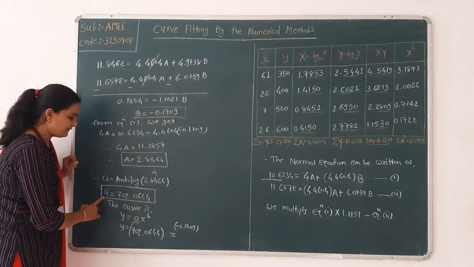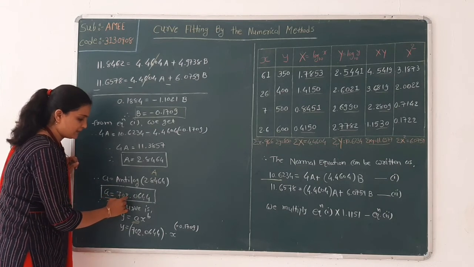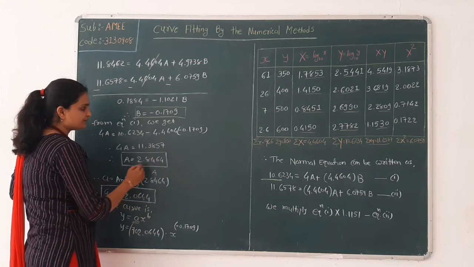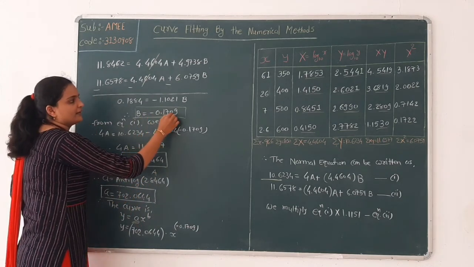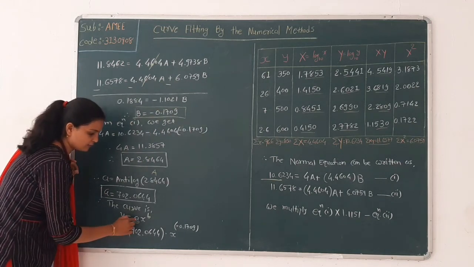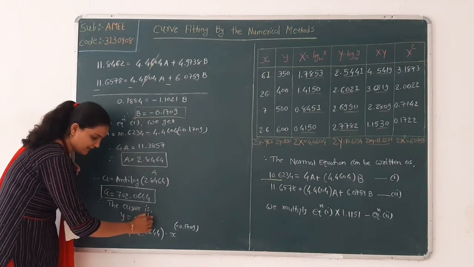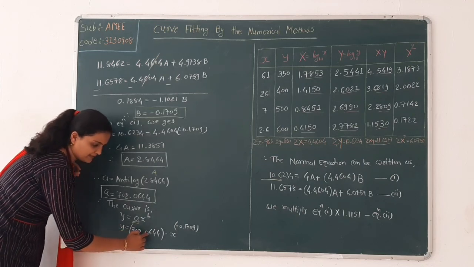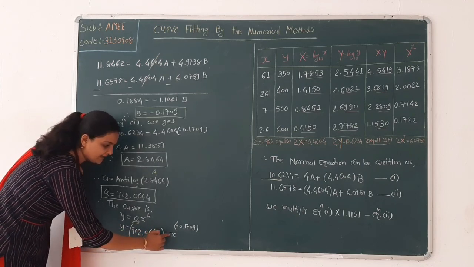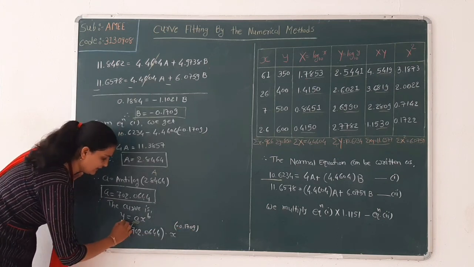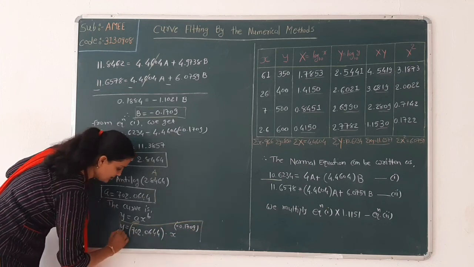So we have both the values, A equals 702.0644 and B equals minus 0.1709. So the curve is y equals A x raised to B, which is y equals 702.0644 x raised to minus 0.1709. This is the final curve.